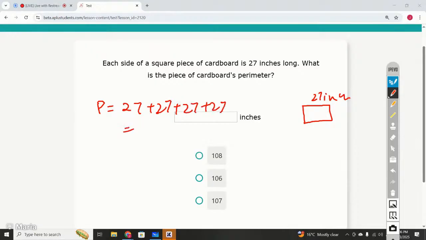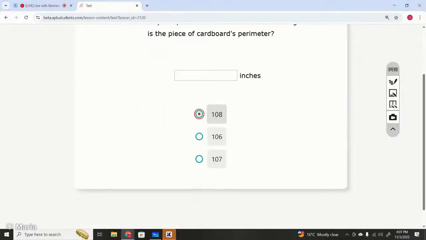Which is the correct option? That is 108. Option number 1 is the correct option. Got it? Option 1 is the correct option.